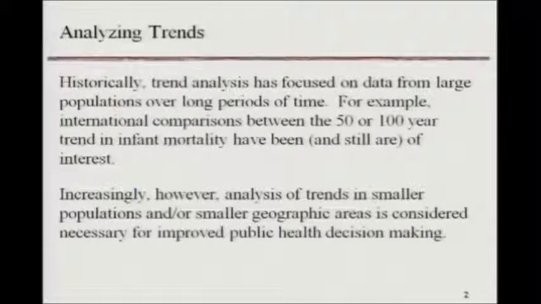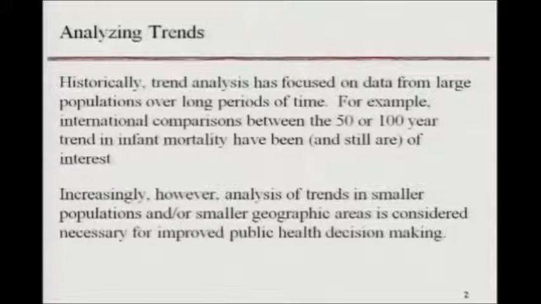Really, this comes out of thinking about, at least in my work, and I think in your work, that we're doing trend analysis a little bit differently than the way it's been done historically. So we're not looking at huge infant mortality since 1900 to now, so we don't have 114 time points, long secular trends, big population.